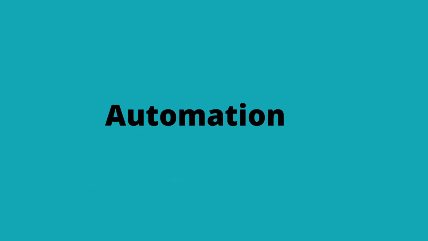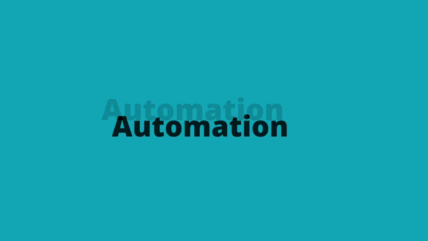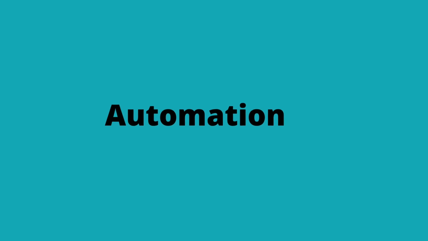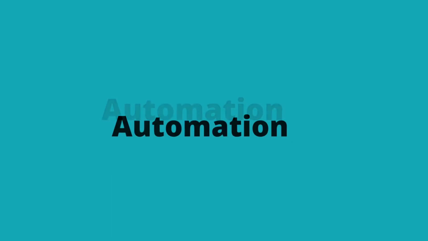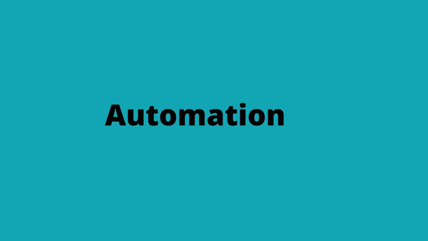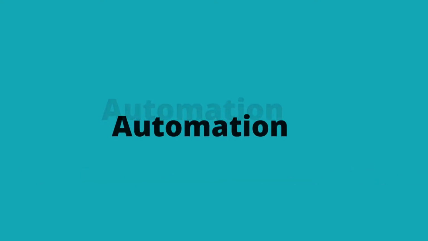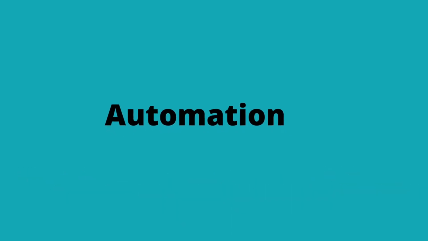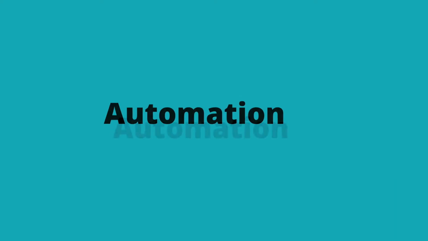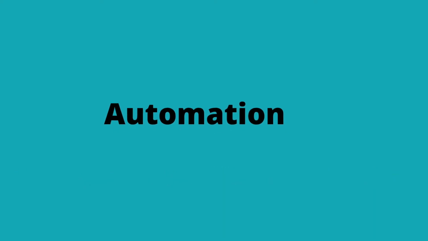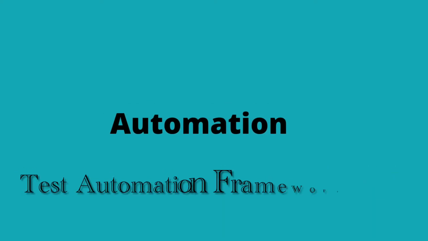Today we will focus a little bit upon test automation framework. In the previous video, we discussed the success factors on test automation, and we discussed that there are four important success factors: test automation architecture, then system under test testability, then the third point is test automation strategy, and the fourth one was test automation framework.